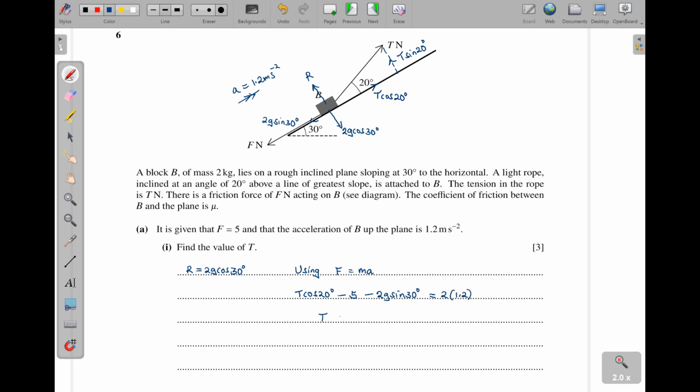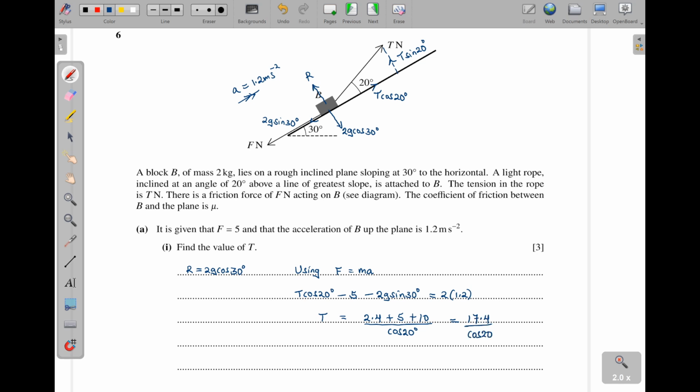So T here is going to be equal to, this is 2.4, so I'll have 2.4, then plus 5, then plus 20 times a half, that will be 10, so plus 10, then out of the cosine of 20. This one is actually going to be 15 plus 2, that will be 17.4 out of cosine of 20.